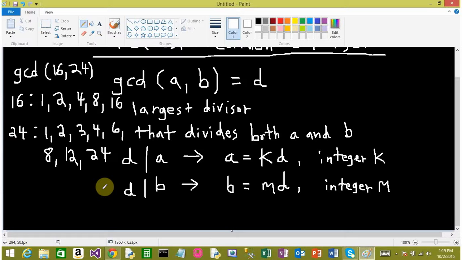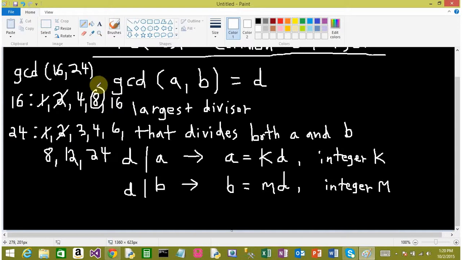Okay, so after we do that, we're just going to kind of go down the list, just kind of see which ones they have in common. And because we know that they both have to divide 16 and 24, the value for D, the greatest common divisor. So we know 1 can't be it, so we can cross that out because it's 2. Cross that out. We know there's a bigger one. So 3 and 4, let's see, 8.